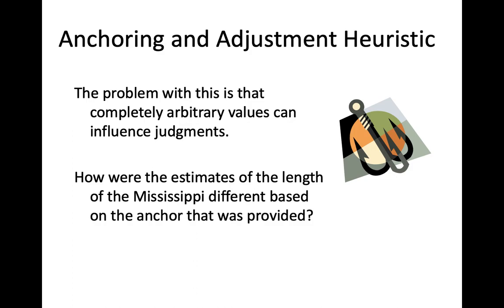It turns out that the actual length of the Mississippi River is about 2,300 miles. But whether you give an estimate that is much shorter than that or much longer would depend on the anchor that was provided.